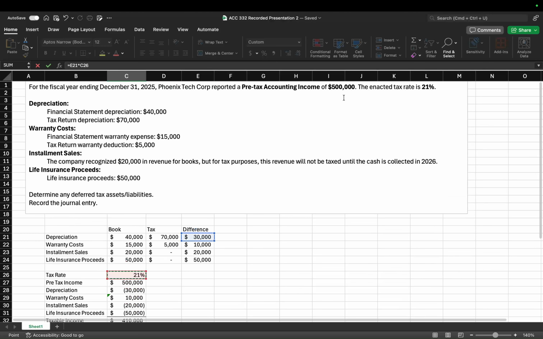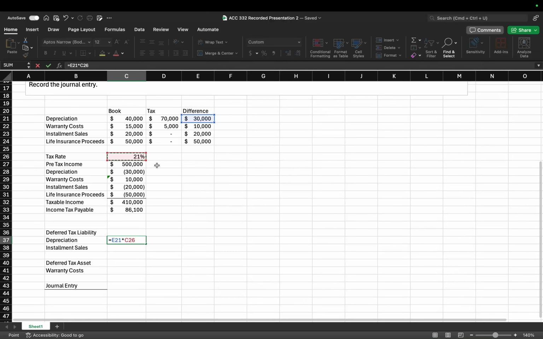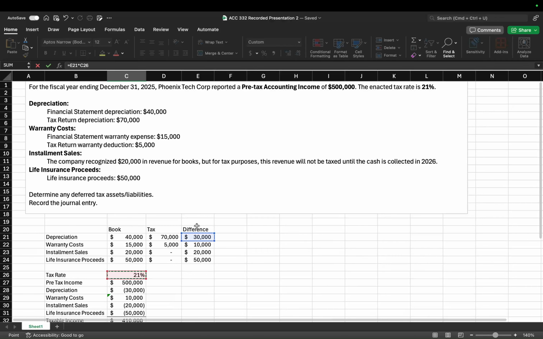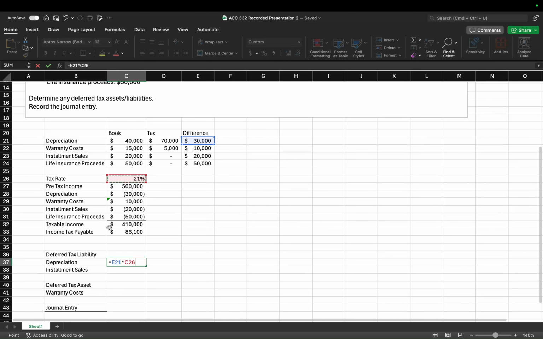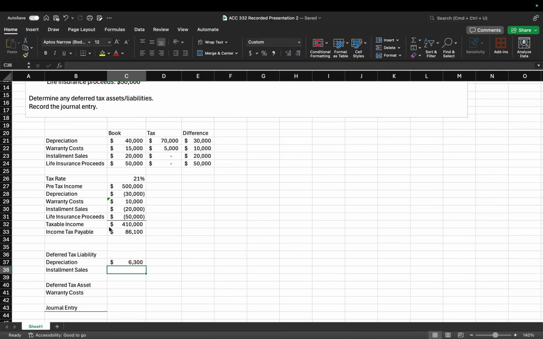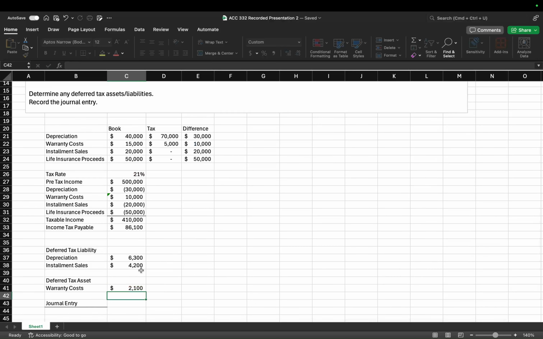We're just going to assume that the tax rate remains the same for the next year, because when you're calculating this, you want to use the tax rate for the year in which it will reverse out. The problem doesn't really specify what the tax rate is going to be in the following years, so we're just going to assume it's 21% for the foreseeable future. And we're going to do the same thing for installment sales, 21%, and same thing for our warranty costs, 21%.